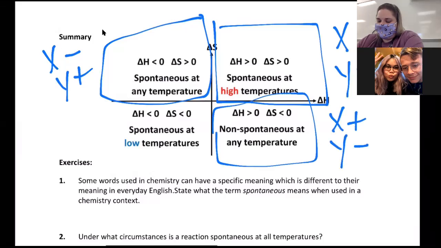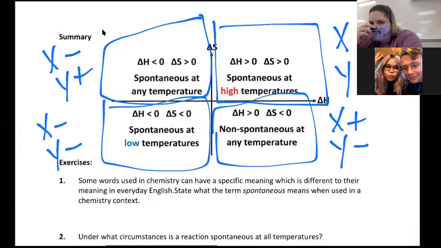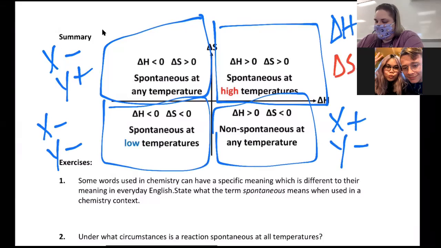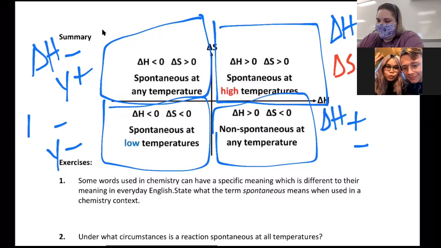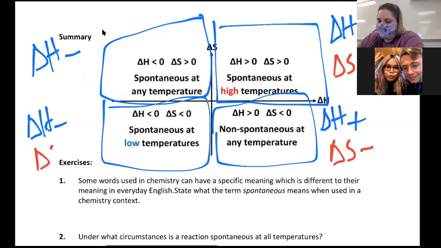We're using that same concept, but instead of X and Y, we have delta H and delta S. So I'm going to replace X with delta H and Y with delta S, because delta H is like the X axis and delta S is like the Y axis.